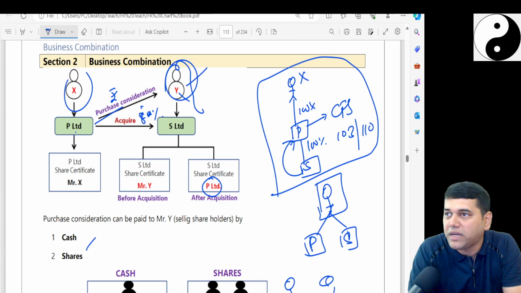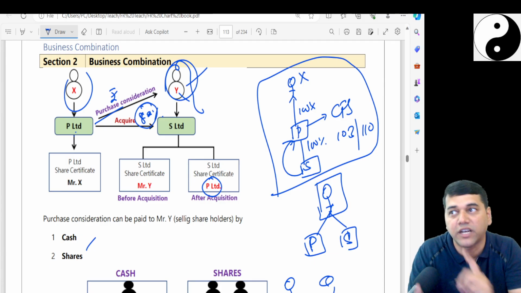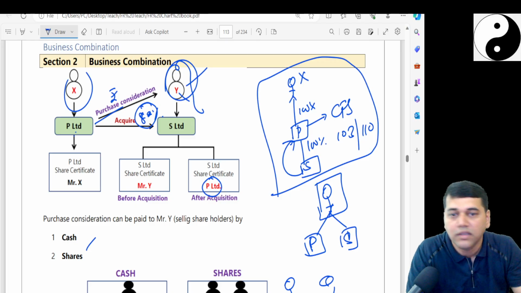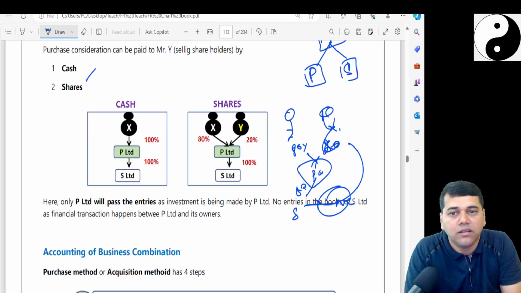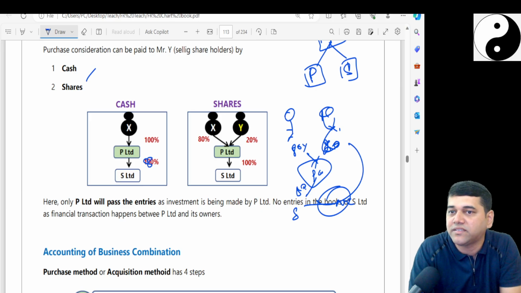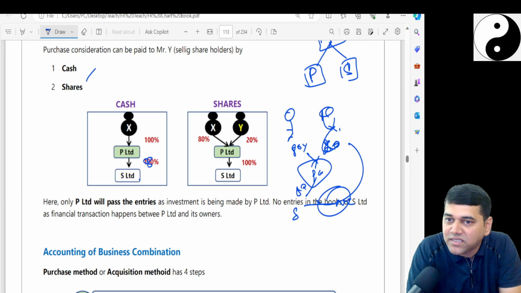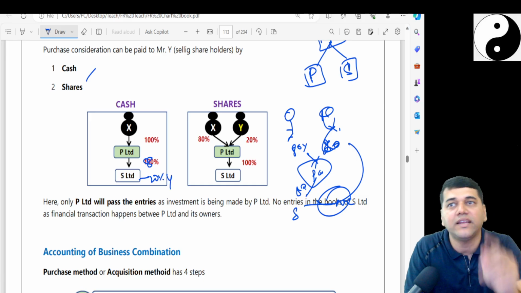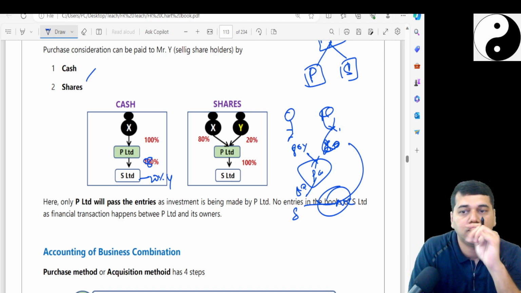I will issue my shares, but only take 80% of S, not 100%. In that case, the structure will be like this: Mr. X will hold 100% in P, P will hold 80% in S, and the balance 20% is held by Y. For P, it is an NCI. This is clear, right?